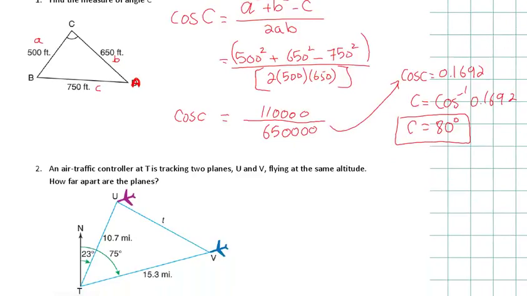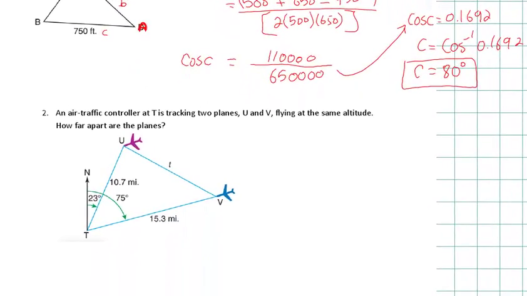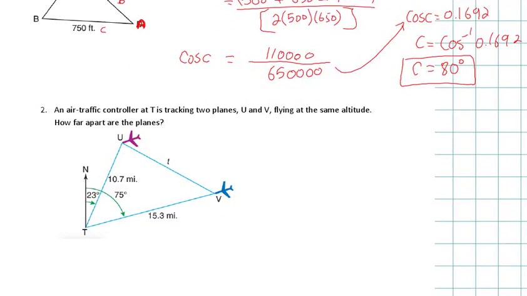So an air traffic controller at T is tracking two planes, U and V, flying at the same altitude. How far apart are the planes? So you have airplane U, you have airplane V, right? They gave you the information. How far apart are they?